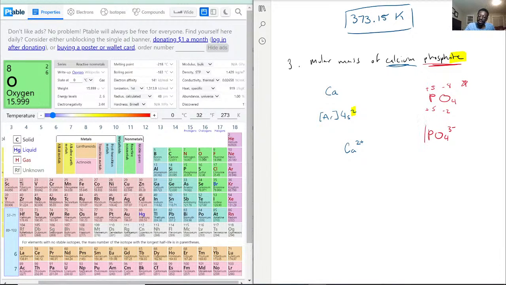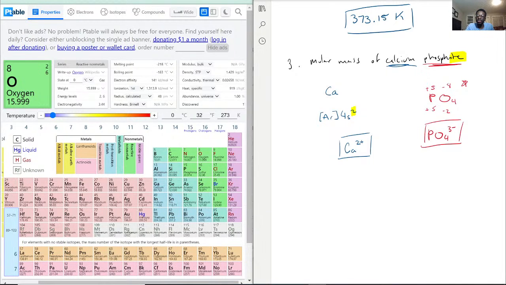So with that being said, we have PO4 3- and Ca2+. Okay, so what do we do with this? We want to make sure we balance out to where they have a net charge of 0. Okay, so that means we need to find the lowest common multiple between 2 and 3, and that would be 6.